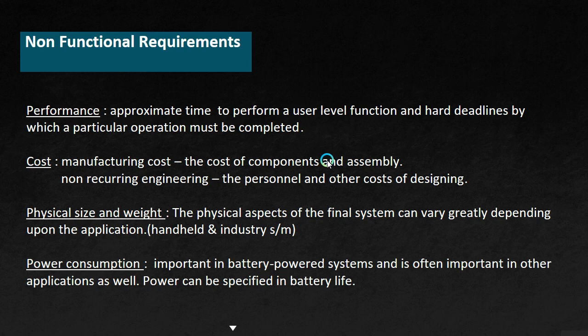Cost: the target cost or purchase price for the system is almost always a consideration. Cost typically has two major components: manufacturing cost and non-recurring engineering. Manufacturing cost is the cost of the components and the assembly, and non-recurring engineering is the personnel and other cost of designing.